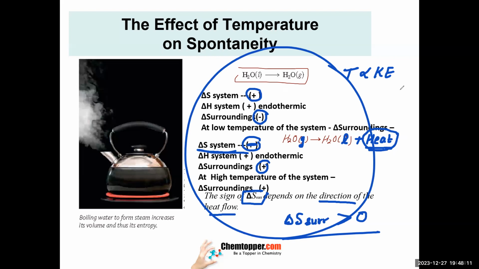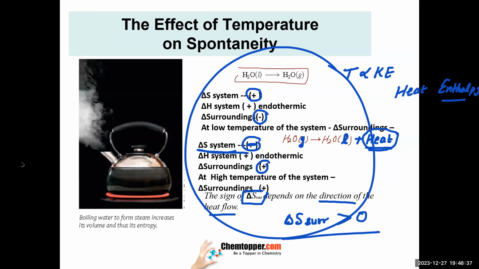And heat, we measure in terms of enthalpy, heat content. The flow of the heat is always from high temperature to low temperature, so it is also based on the temperature. So delta S of the surroundings can be measured.